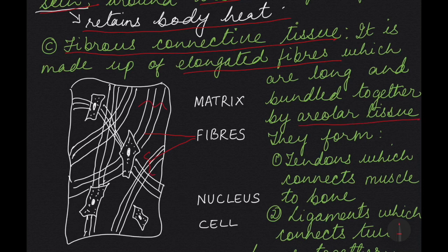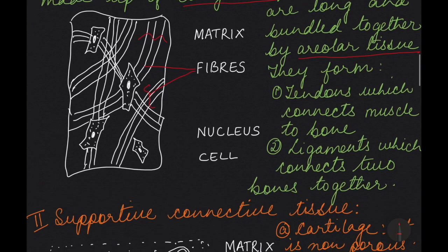Remember areolar tissue we just discussed, which is the packing tissue. So these fibers are bundled together by means of areolar tissue. Now the matrix is there, that is the ground substance. Then this is the cell, and the cell will have a nucleus.